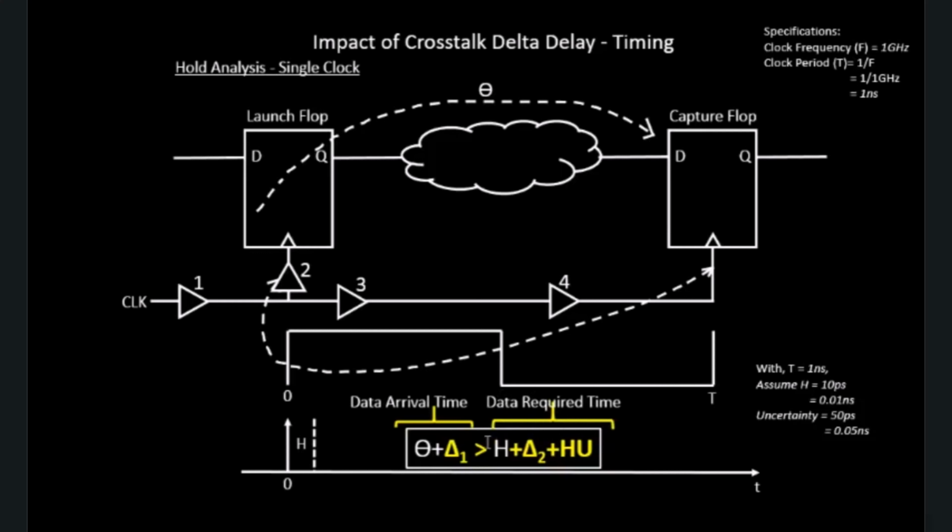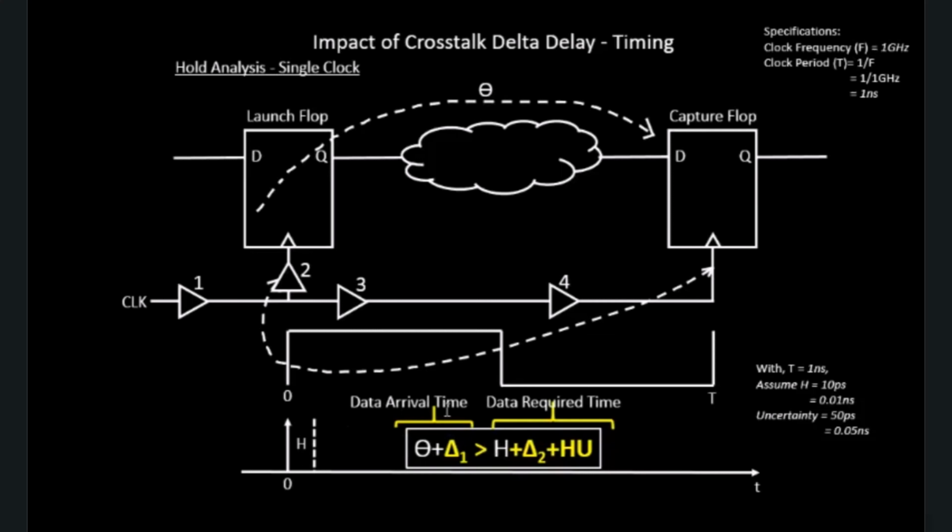The right hand side is the data required time, which the circuit says to the user is when we require the data to be there, and data arrival time is the user telling the circuit, okay, this is the time at which I arrive. Based on this equation, we'll decide whether we are arriving at the right time or not, and the data arrival time in this case has to be greater than the data required time.